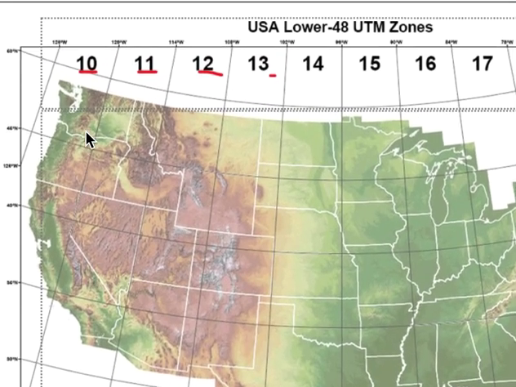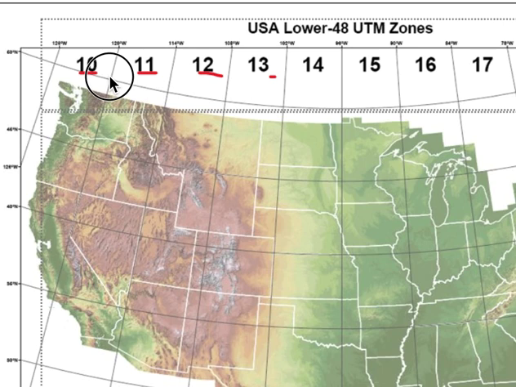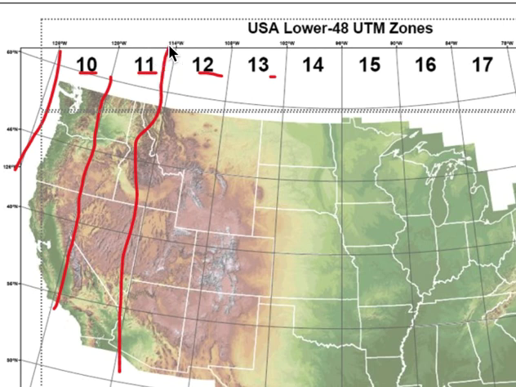So if I zoom in here, you could see zone 10 is right here, and zone 11 is right, I'm not doing a perfect line, but it's that line here. So Southern California falls within which is right here. This is Southern California. Southern California falls within Zone 11 North, so we have to be specific because it's in the northern hemisphere, whereas Northern California, which is right here, falls within Zone 10 North.